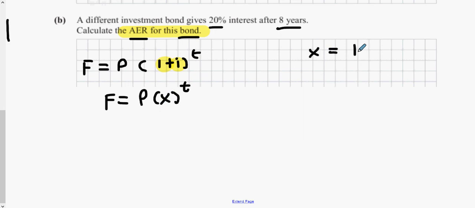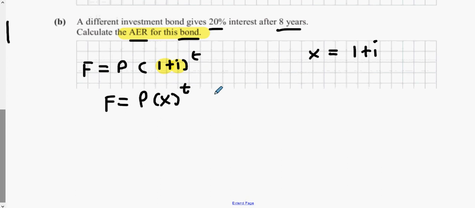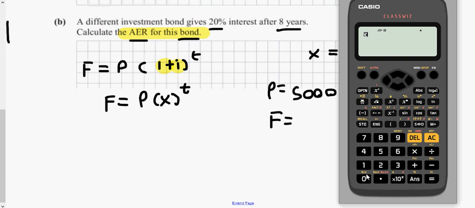Now, the first thing I'm going to ask you is, which letters do you know? What's P? What do you start off your investment with? 5,000. P is 5,000. What's F going to be then? 20% added to 5,000. So get your 5,000 and add on 20%. Because at the end of that time, you're meant to have an extra 20%. What do you get? 6,000 total.